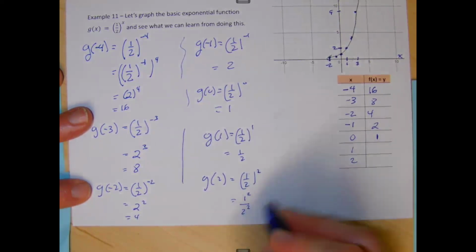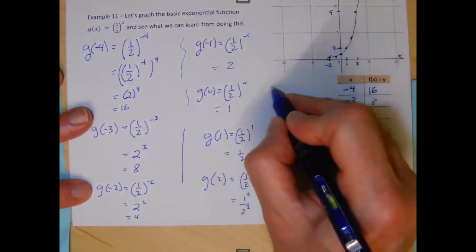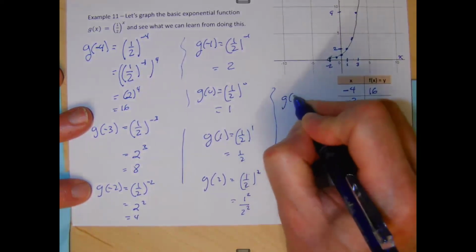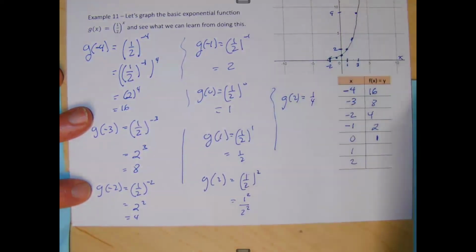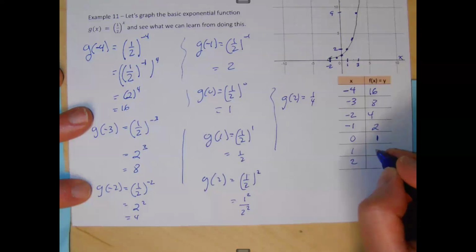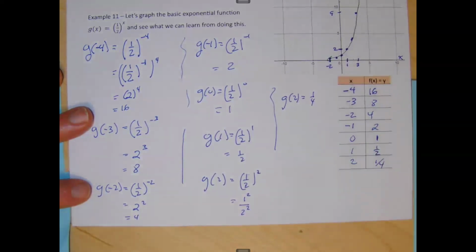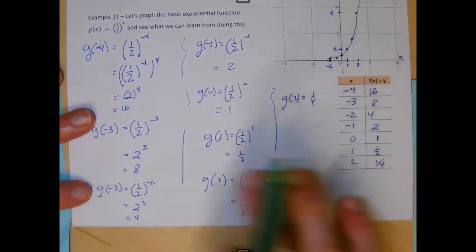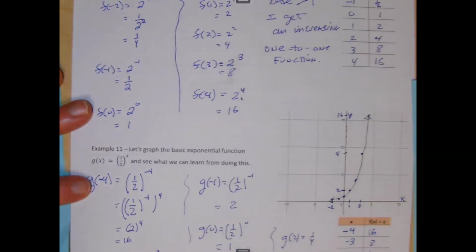So the result is 1/4. So g to the second power is 1/4. So I have 1/2 here and 1/4. So now I'm going to graph these. And what do I get?